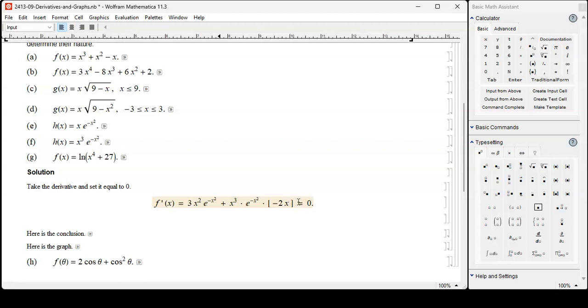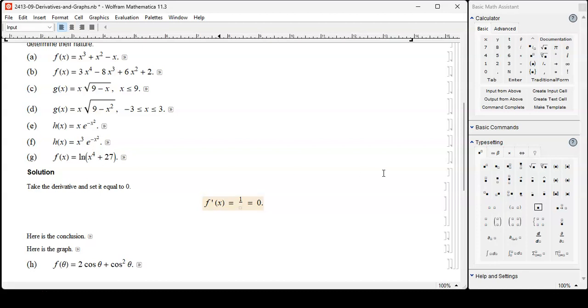What's the derivative? It's a log function. So remember the derivative of a log function? 1 over, that's the reciprocal, and by chain rule, whatever is inside goes in there: x to the 4th power plus 27. And by chain rule, we have to multiply the derivative of the inside, 4x to the 3rd power and a plus 0.